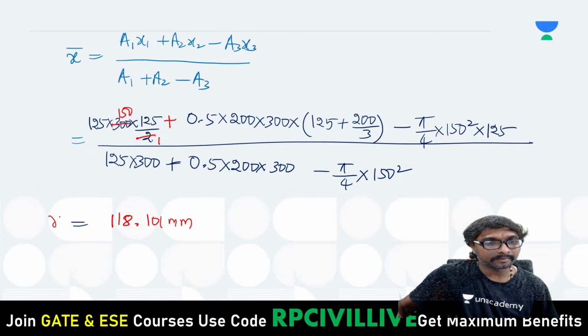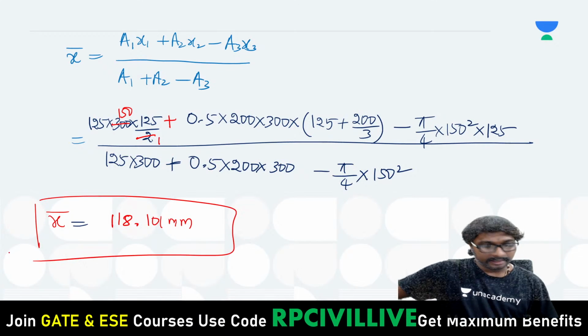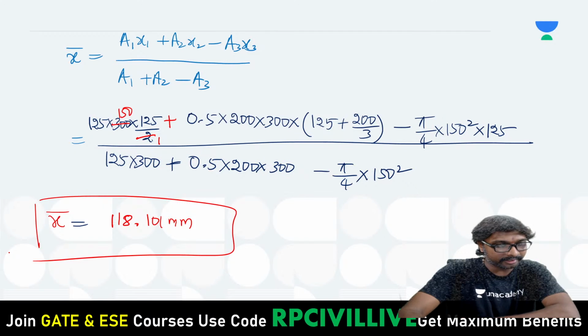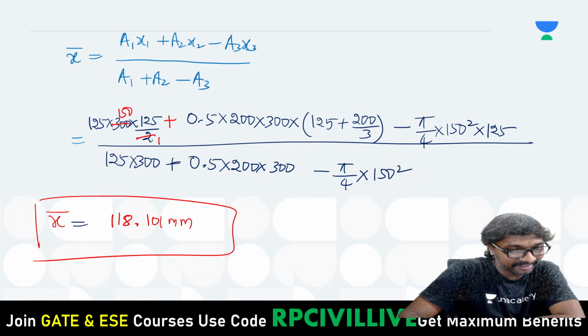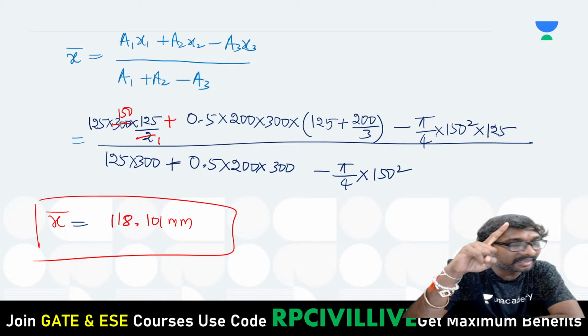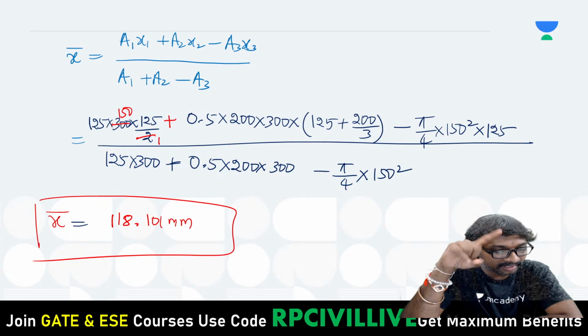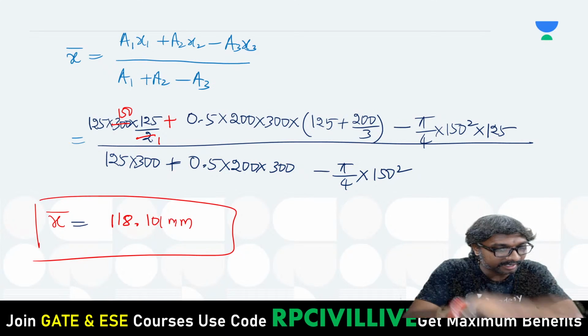This is X bar. It is a much bigger calculation, so you have to be careful and make the calculation correct.